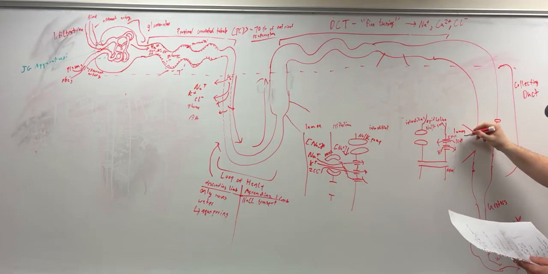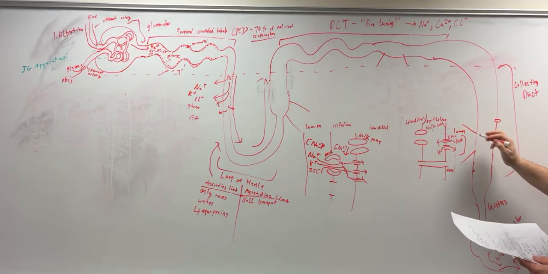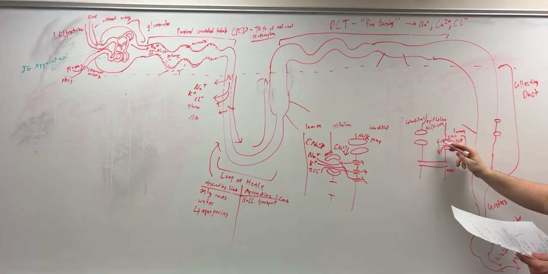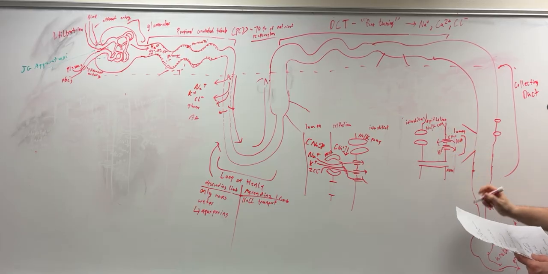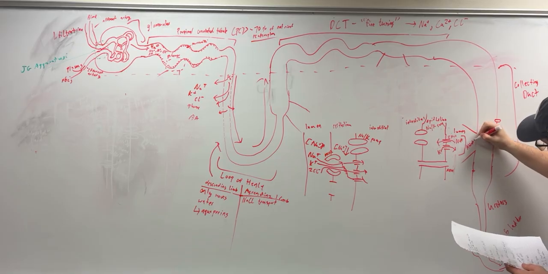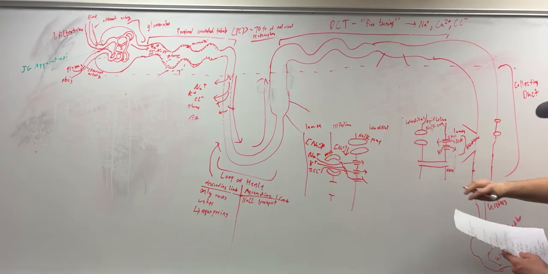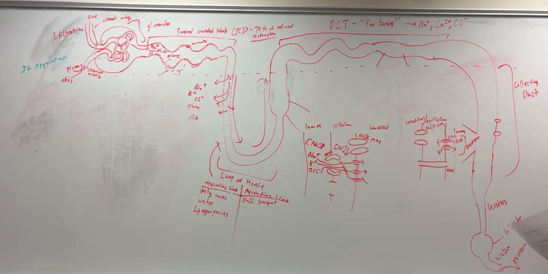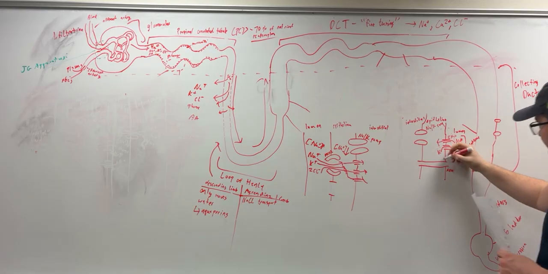Both of these two channels and these processes, this last stage of sodium reabsorption and potassium secretion, are controlled by the hormone aldosterone, which we're going to talk about after we get through the anatomy here. And then the last transporters that we have in the collecting duct are aquaporins.